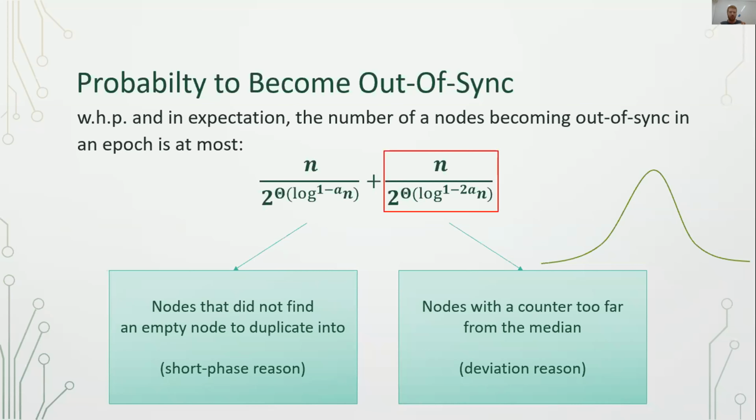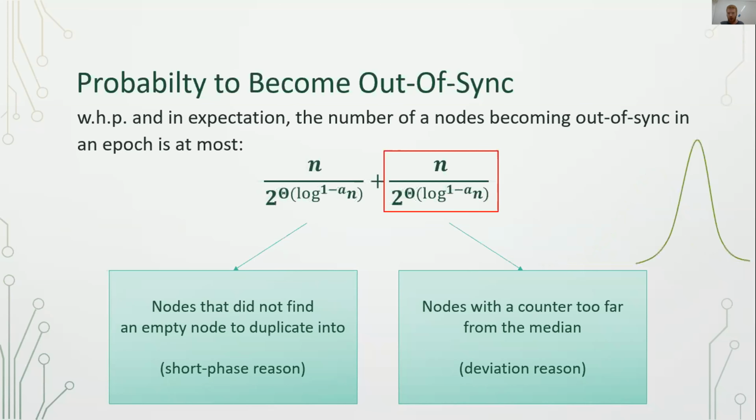So when most of the nodes are in, let's say, phase I, this node is in some other phase J, and most of its interactions are meaningless. We change the 1-2a in the exponent to 1-a by tightening the curve. So most of the nodes are together in each phase.